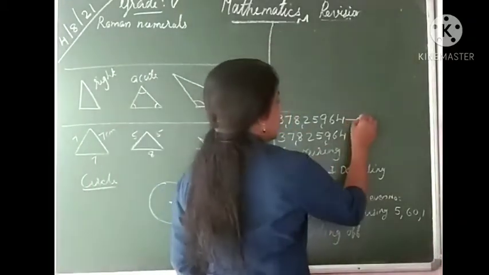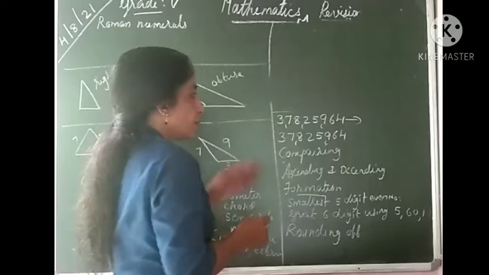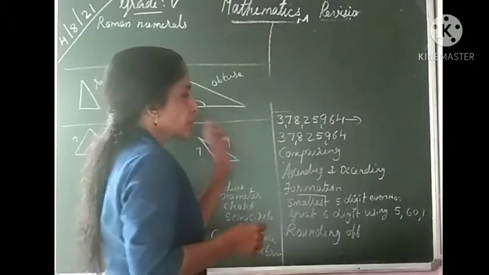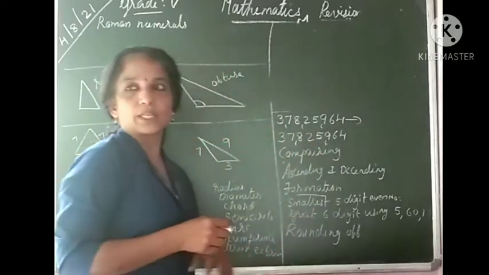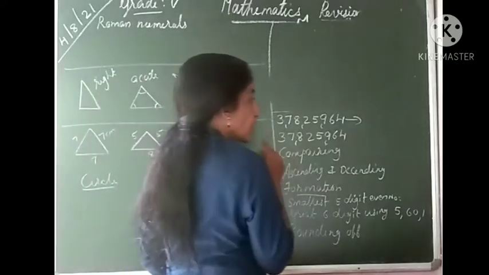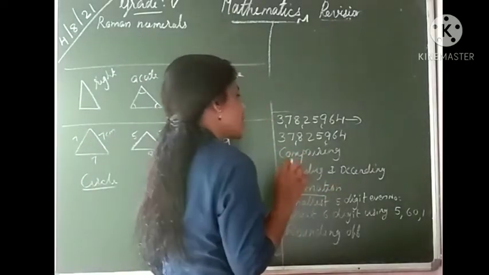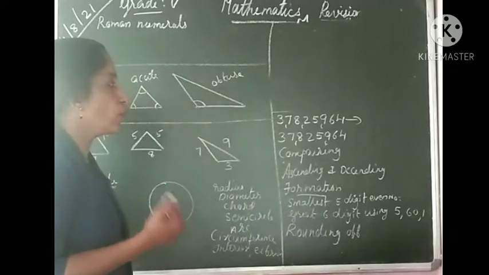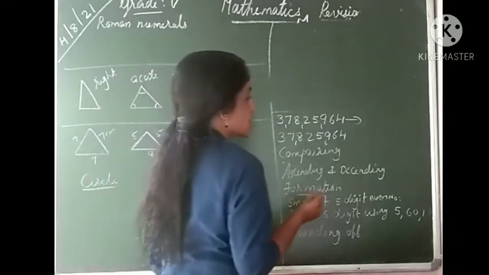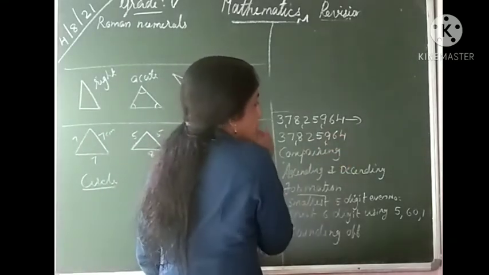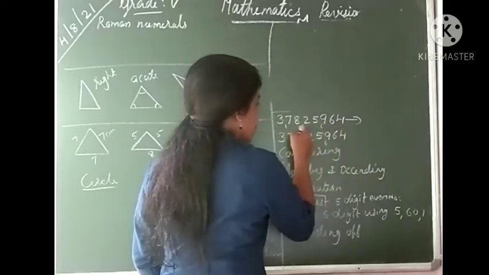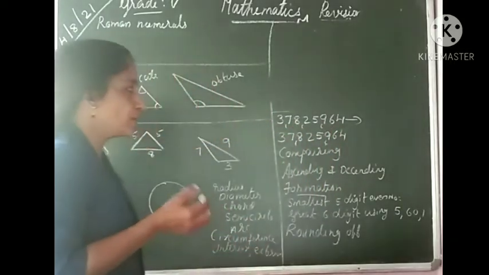Now, can you read this number? Can you write the number name? This is the numeral given. Can you write the number name? First you have to decide which group it is, Indian or international. How can we check? By looking at the commas. This is in the group of 3, 2, 2.